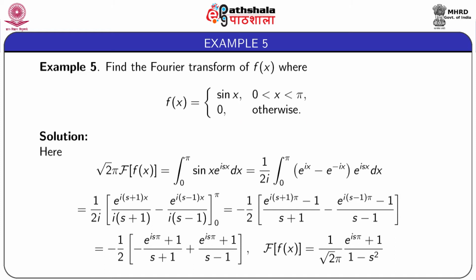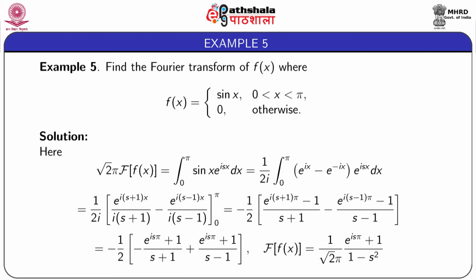Here the Fourier transform of f x is given by root over 2 pi curl f of f x, that is equal to integral 0 to pi sin x e to the power I s x dx, that is equal to 1 by 2 I integral 0 to pi of e to the power I x minus e to the power minus I x, times e to the power I s x dx.